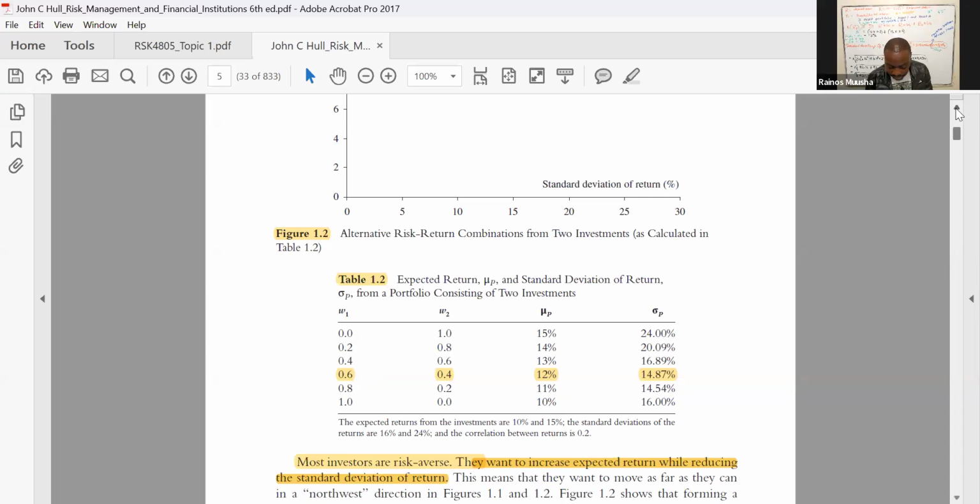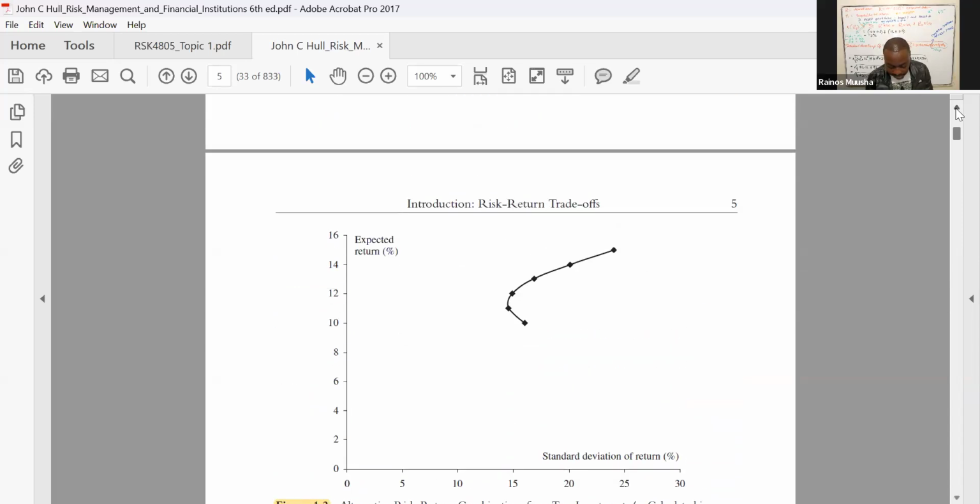So we have 10% expected return, which is here, and standard deviation of 16, which is plotting somewhere there as well, roughly close to the value of 16.